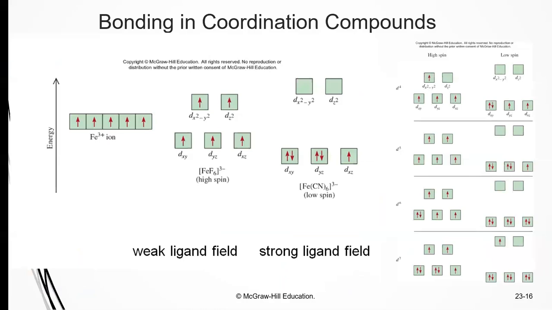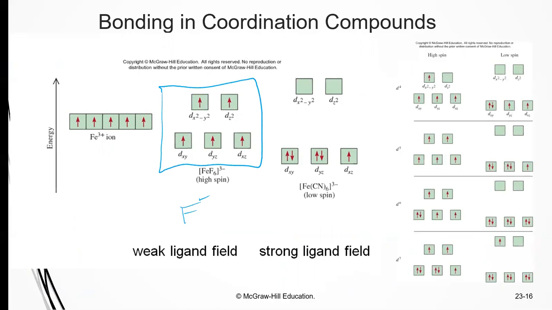So you can see that comparison here in our iron. F- is a weak ligand field, and so we can see how our iron 3 spreads itself out. Iron 3 should have 5 valence electrons because it's given away 2 from its 4s and 1 from its 3d.